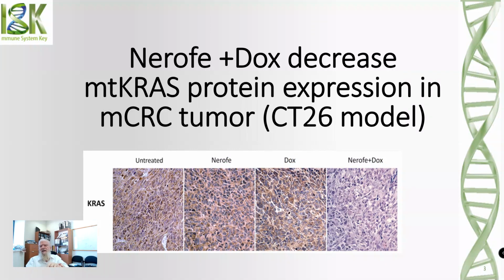After that experiment, we sent the tumors to pathology, and then we got back the biopsies. The first thing we did is stain for KRAS expression, staining the samples with DAB. As you can see here, the control, treated with Nerofe, DOX, and together, there is almost no expression of KRAS in the combination.